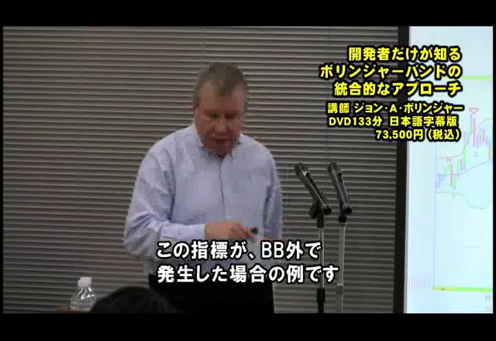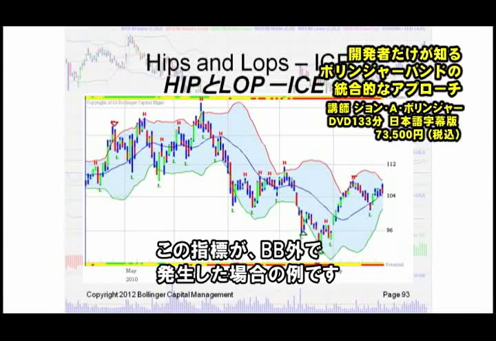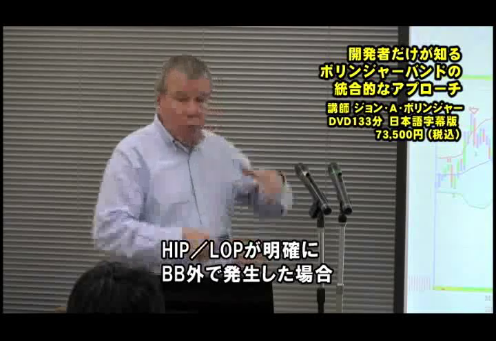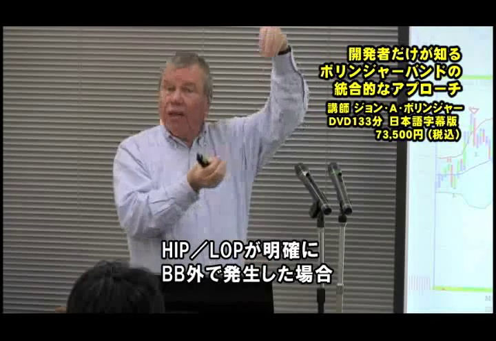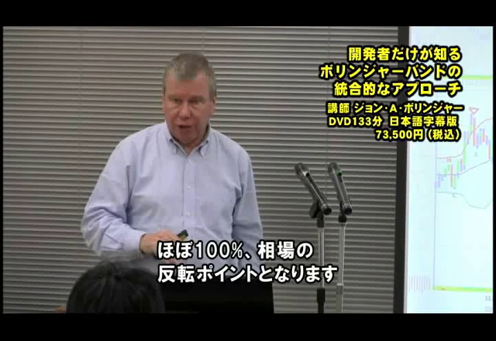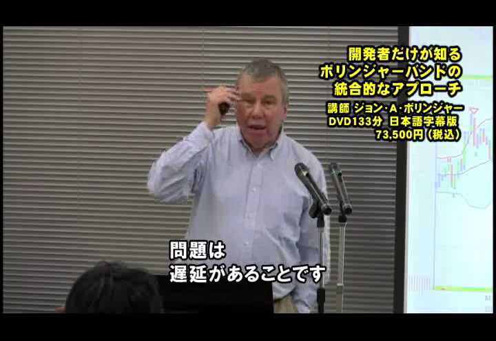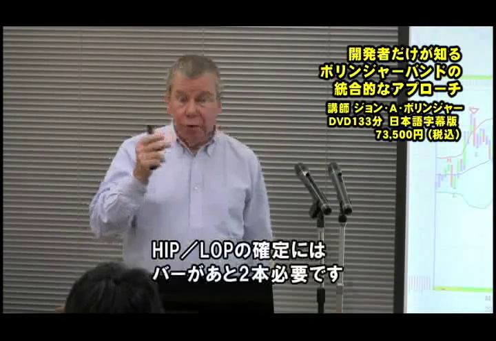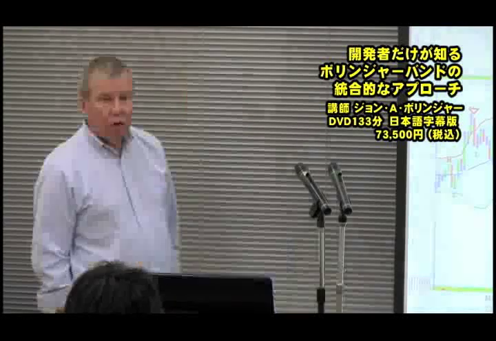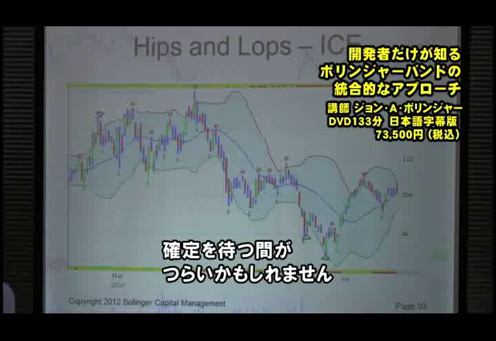Here we have an example of how valuable these signals can be when they occur outside of the bands. These hips and lops, when they occur cleanly and clearly outside of the bands, are almost always reversal points. The problem, of course, is that there is a delay. You must have the next two bars to recognize the hip or the lop.